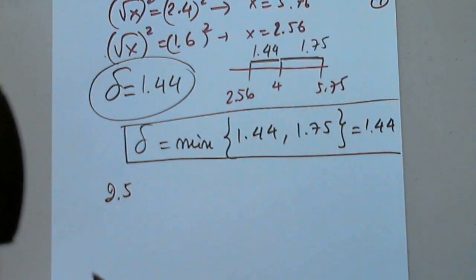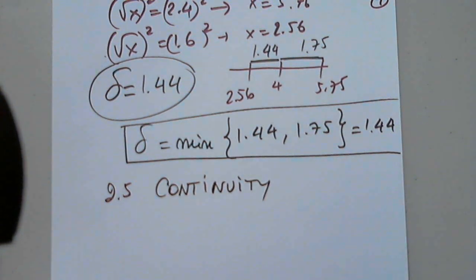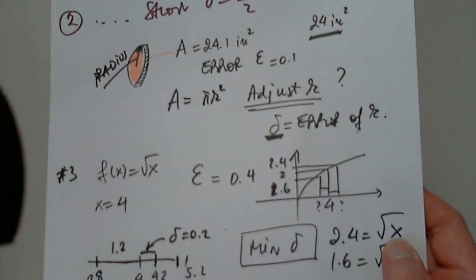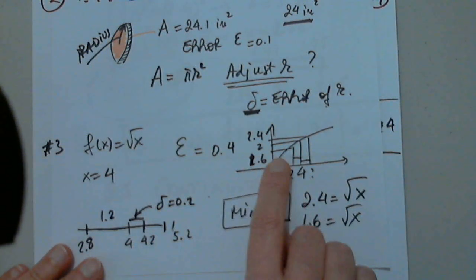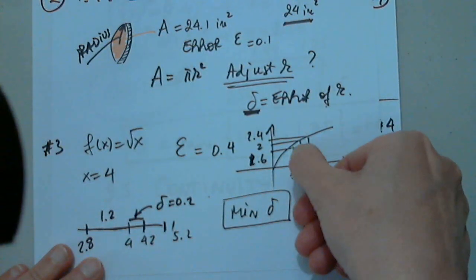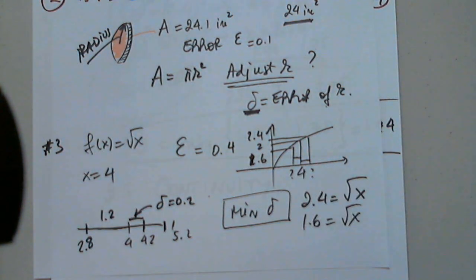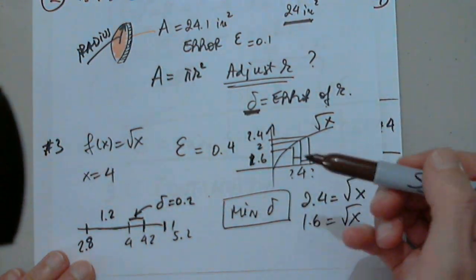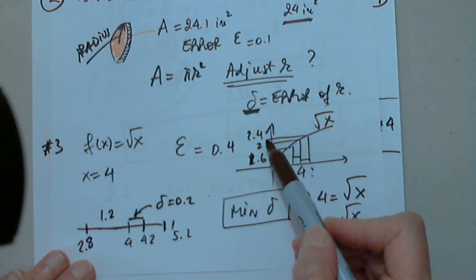So 2.5, continuity. And you got the x equals 4 part from the statement with delta, right? The absolute value of x minus 4. We did not use the whole explanation. We said that if the function value for something is 1.6, because this is the square root of x, so the square root of x equals 1.6, and the square root of x equals 2.4.